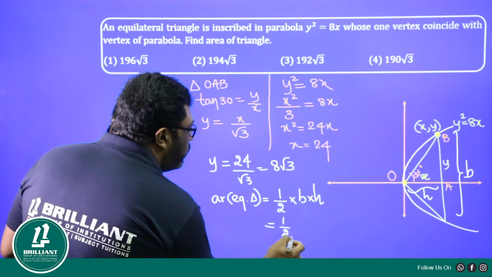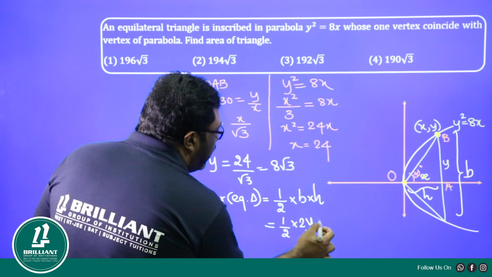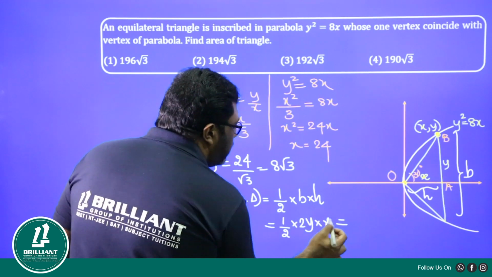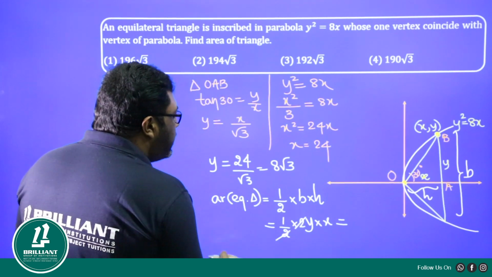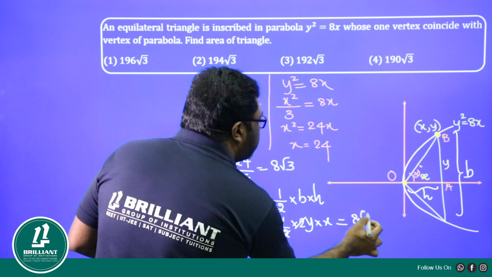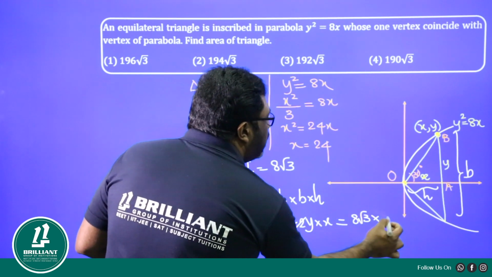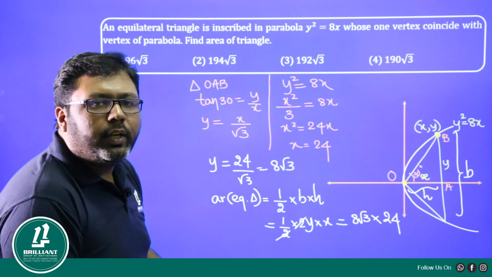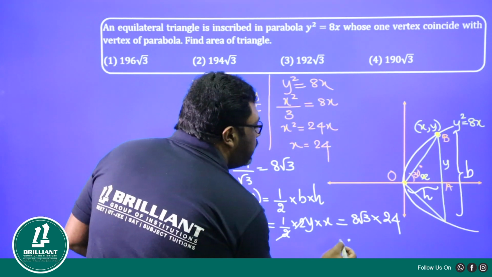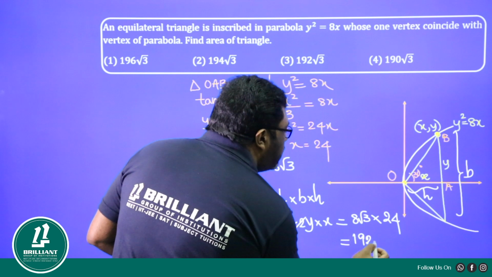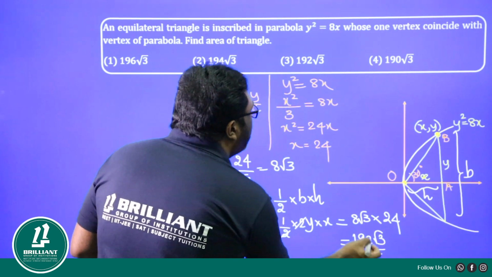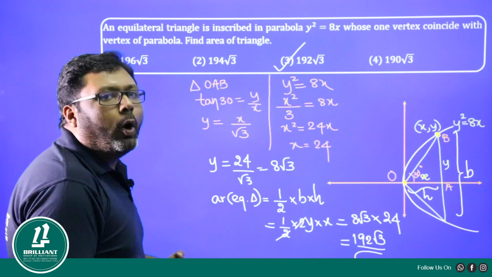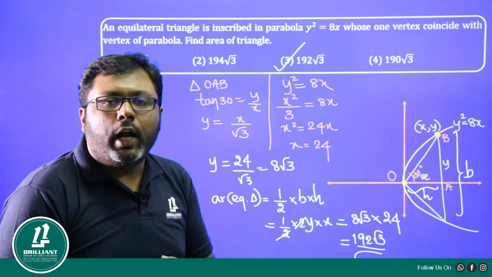So 1 by 2 into 2y into x. Substitute y is equal to 8 root 3 and x is equal to 24. So 24 into 8, 24 into 8 is 192. 192 root 3. Option 3. Option 3 is the answer.